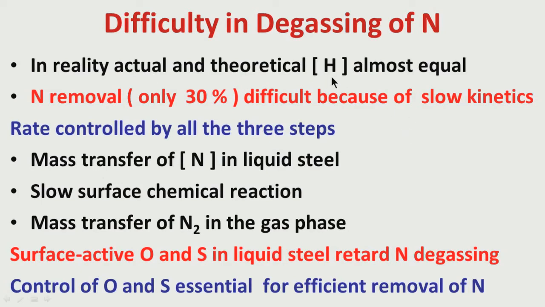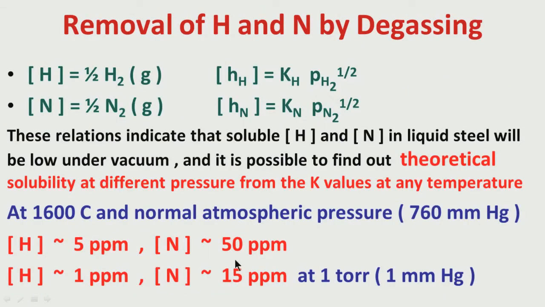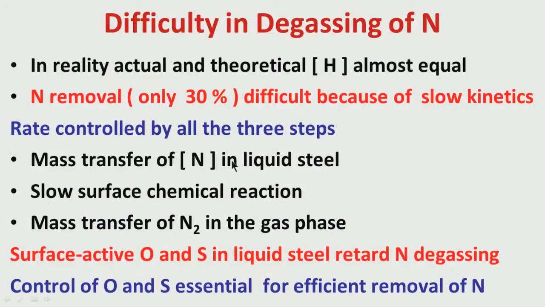That means the theoretical value we have calculated here, say at 1 torr, the theoretical hydrogen is possible to bring down to 1 ppm at this level of vacuum. So, in reality it is possible to get 1 ppm of hydrogen at a vacuum level of 1 torr, almost equal.